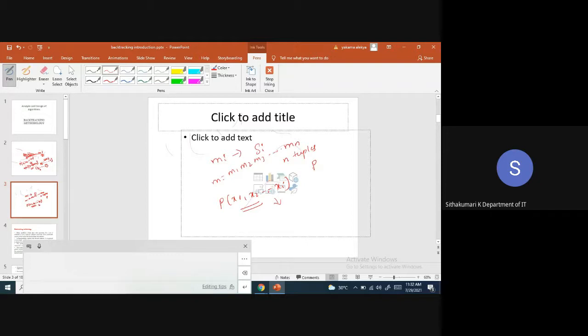The advantage of this method is that if it is realized that the partial vector, for example, you have found the vector up to x1, x2 up to xi, and you need to find up to xm, and you feel there is no way to lead to an optimal solution if you follow this path, then you can avoid the trials from mi plus 1 up to mn.